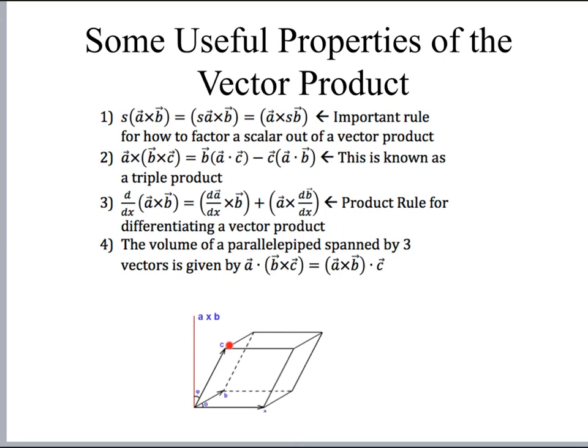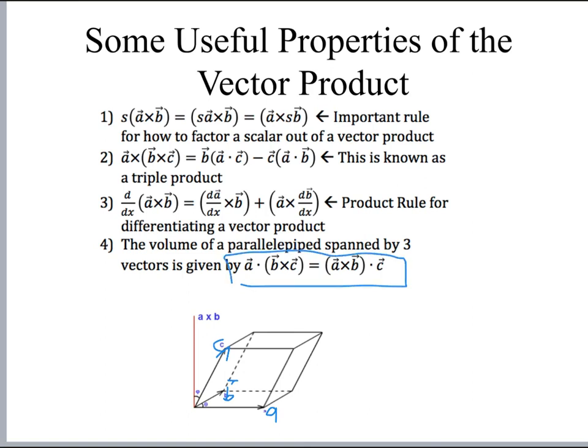You can see I've drawn in the parallelepiped formed by these vectors. It got cut off on my picture here, but this vector here would be A. This vector here would be B. And this vector up here is C. So A and B make a plane, and then C is at an angle to those, and you can see that the volume of this shape is given by this triple product.